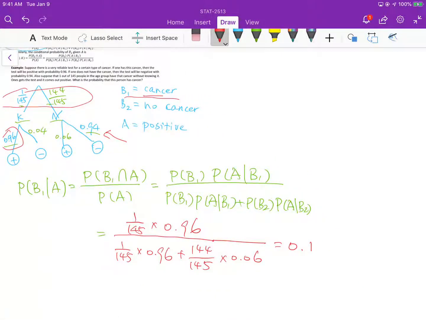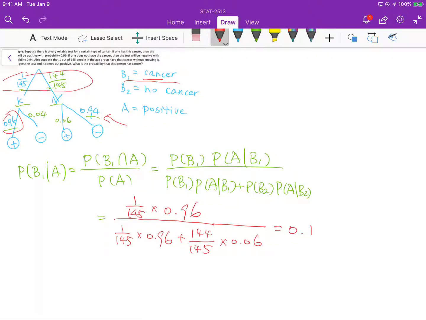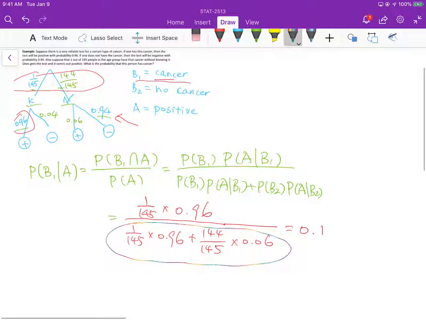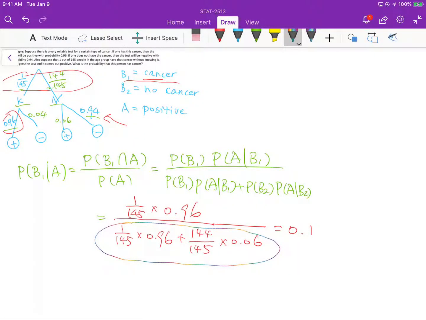If you are confused about how to get this denominator, just recall how we calculate the total probability. This is essentially just P of A, right? A is positive, so we identify the paths that lead to positive. There are two possible scenarios, right?